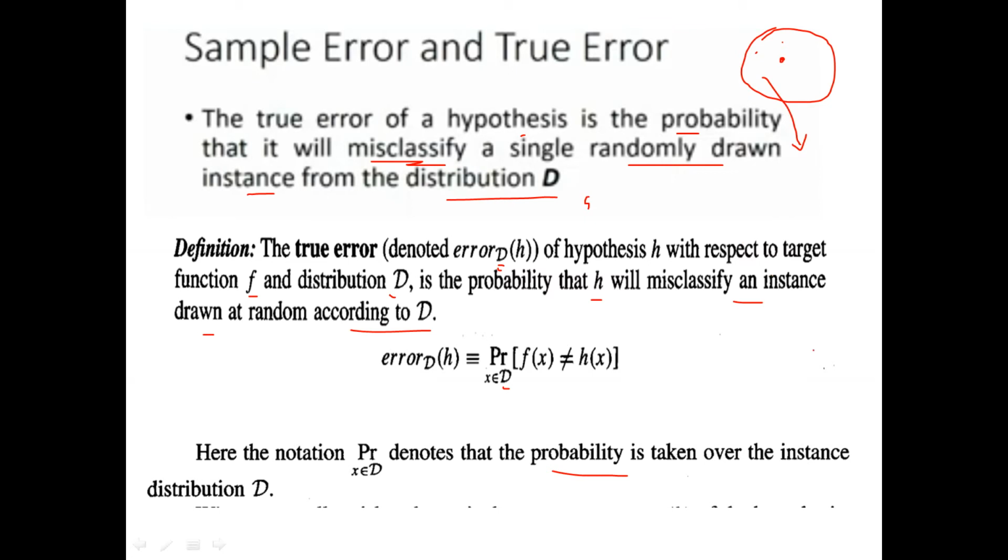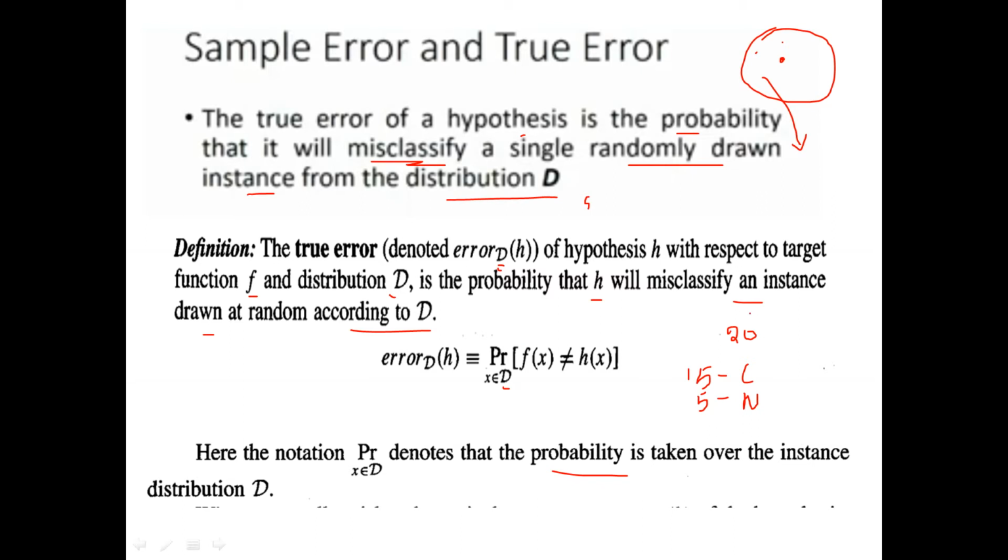So now if you have 20 sample data points and you are classifying, 15 of these are classified correctly, and the remaining 5 are classified wrong. Then what can we say? We can say that 25% of true error is there.